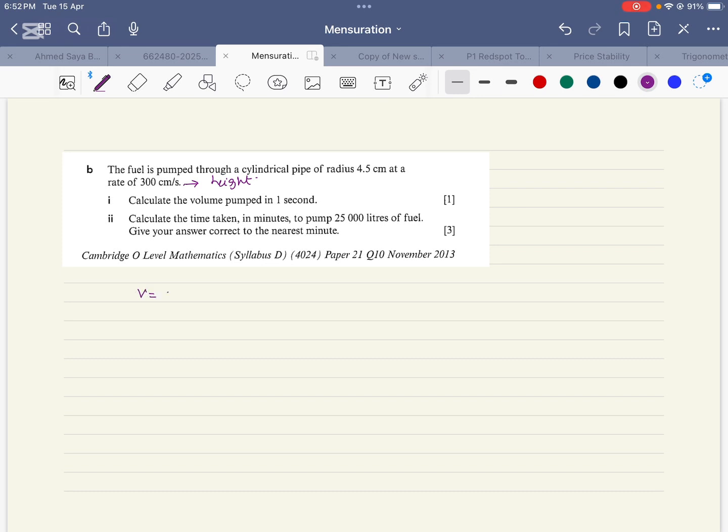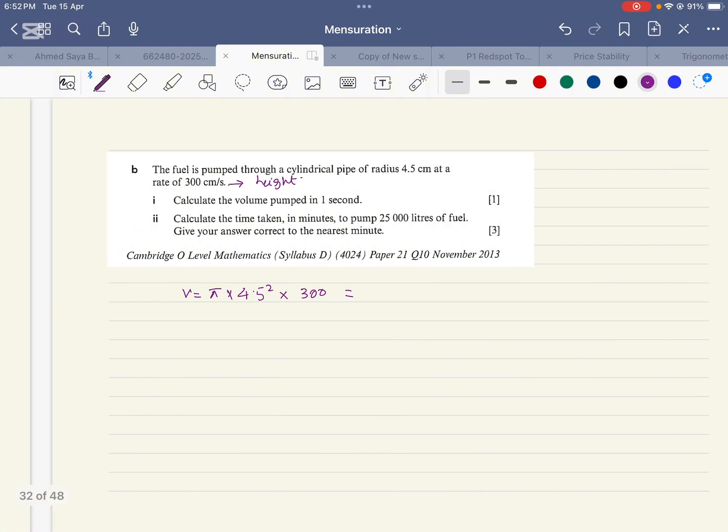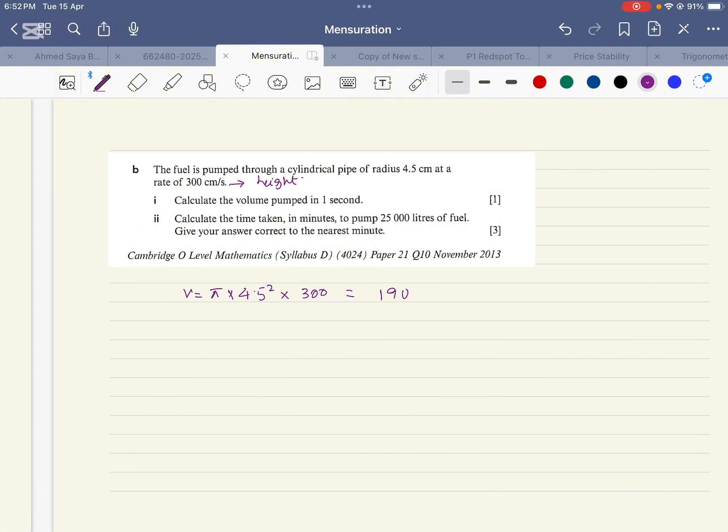So volume is equal to pi r square into h, which is 19085.17.